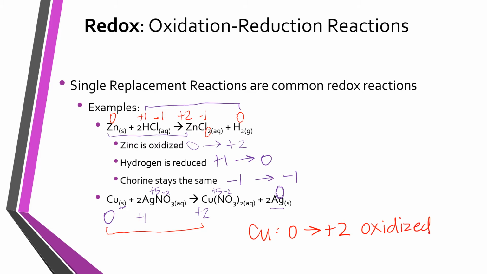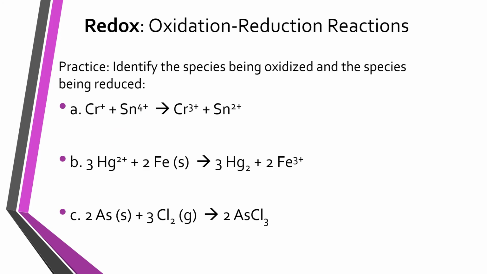And then silver went from +1 to 0, so silver was reduced. Both the nitrogens and the oxygens were neither oxidized nor reduced.